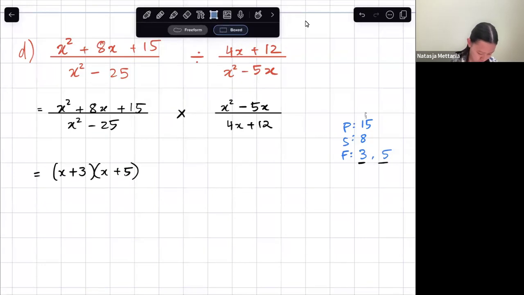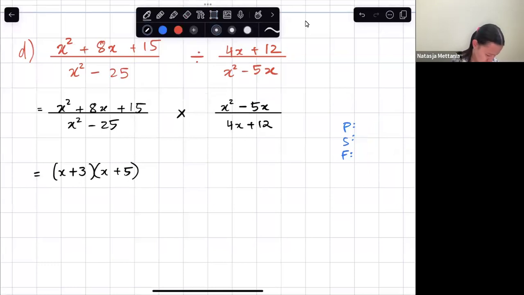Now let's do the hard ones, or the next few ones. Let's now look into this bottom one here, the denominator in the first fraction, x squared minus 25. What method of factorization do I use? Well, it looks like difference between two squares. I've got an x squared minus a perfect square, 25.